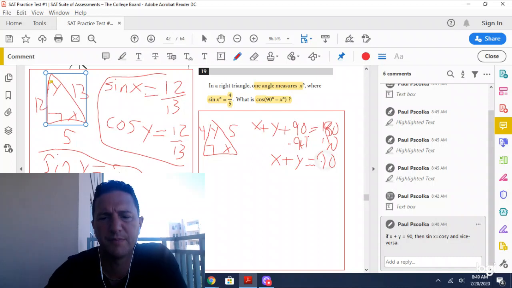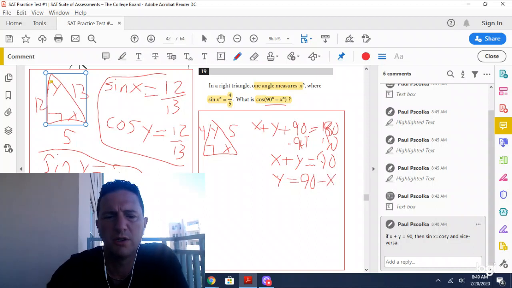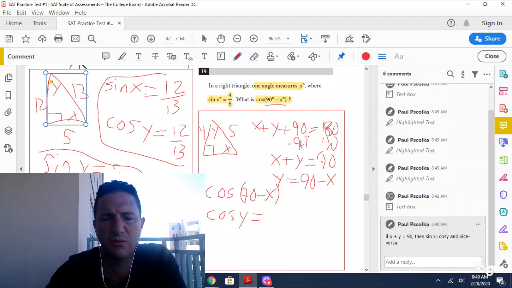And now, notice this is asking for the cosine of 90 minus x. Basically what I'm doing here is a proof. So y is going to equal 90 minus x if I subtract the x from both sides there. So when you're finding the cosine of 90 minus x, it's the same as finding the cosine of y. And what's the cosine of y? It's adjacent over hypotenuse. It's also 4/5.